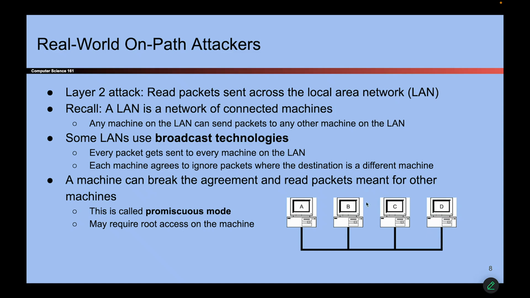However, if B or D are malicious, they could see that the message is not meant for them and still listen anyway, and that could be one way that B and D become on-path attackers because they can listen to what's being sent on the network. So that's an example of an attacker that might be on-path.